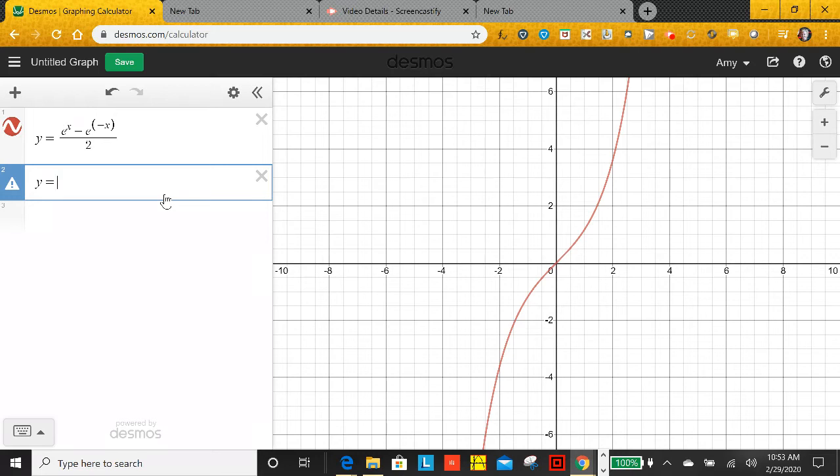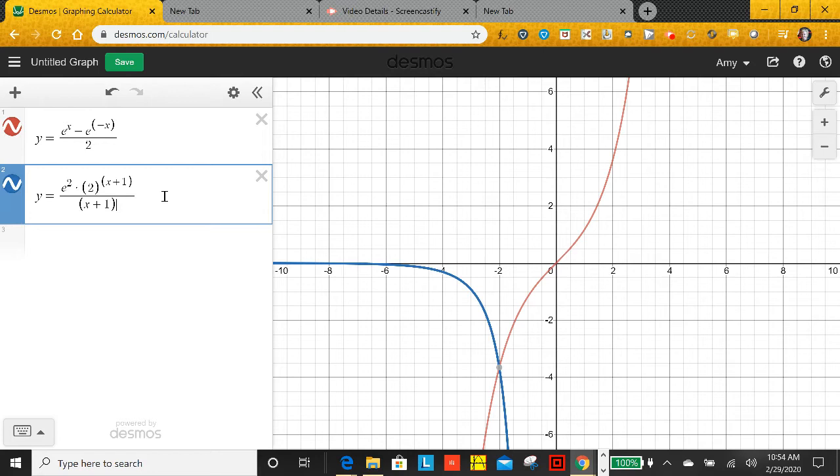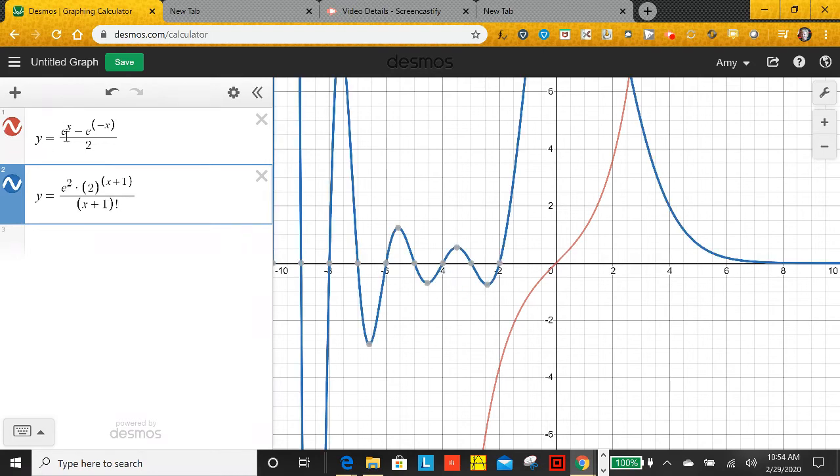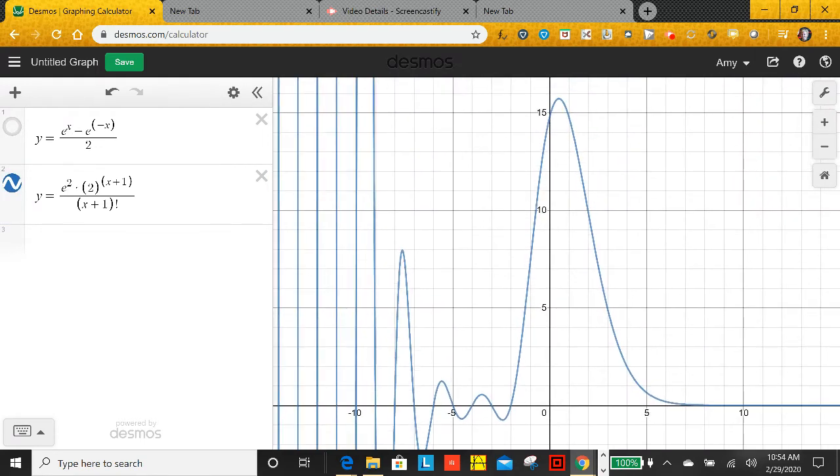Yep, we said our function was a fraction, which was e raised to the second times 2 raised to the x plus 1, close, and hop down to the denominator and say x plus 1 close factorial. Ooh. Wow. Okay. Well, at least it's letting us graph it. That's nice.